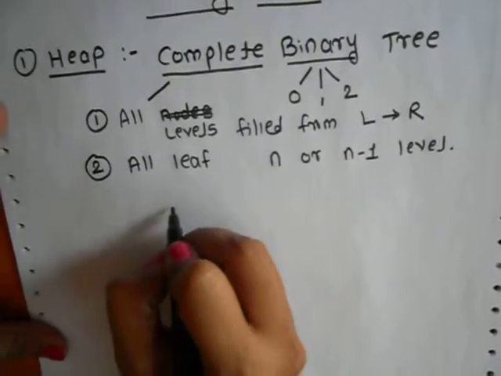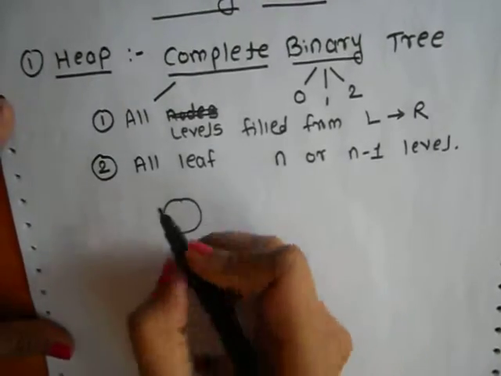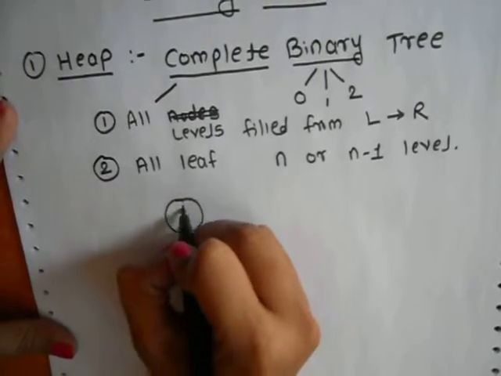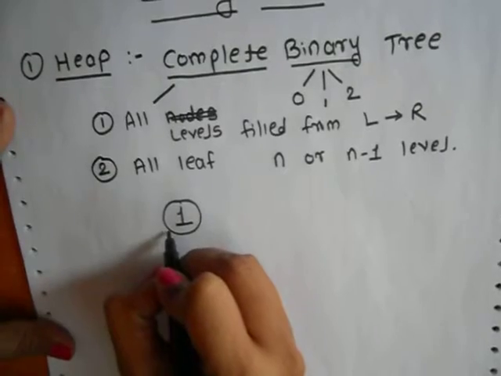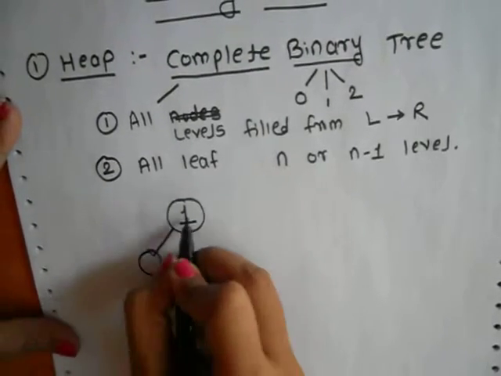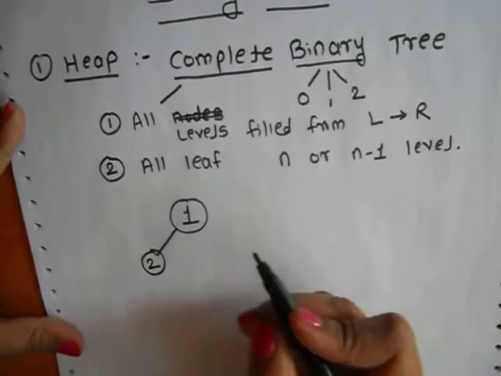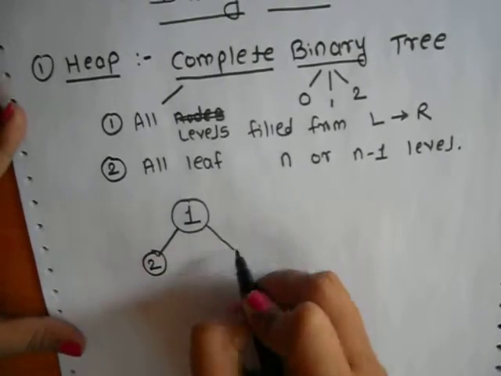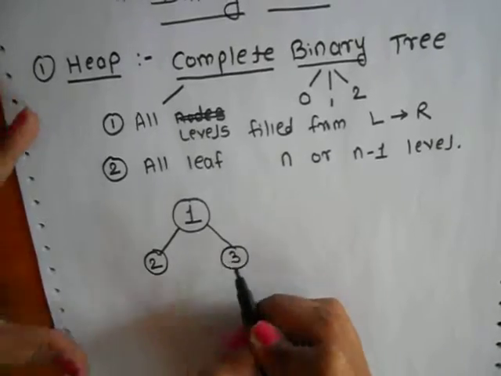Now if I will consider one example, suppose we are having root node as 1, then whenever you want to insert the next node, that should be a left child of this. So suppose this one is 2, the third node will be inserted as a right child of the root node.